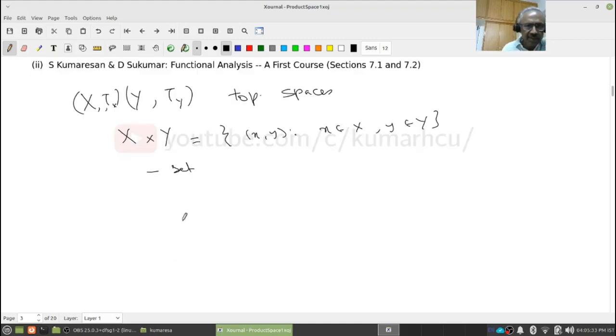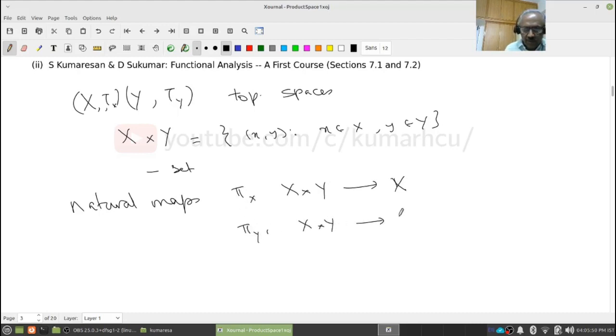Notice that there are natural maps from X × Y to X, which I call π_X, and the other one π_Y, X × Y to Y.